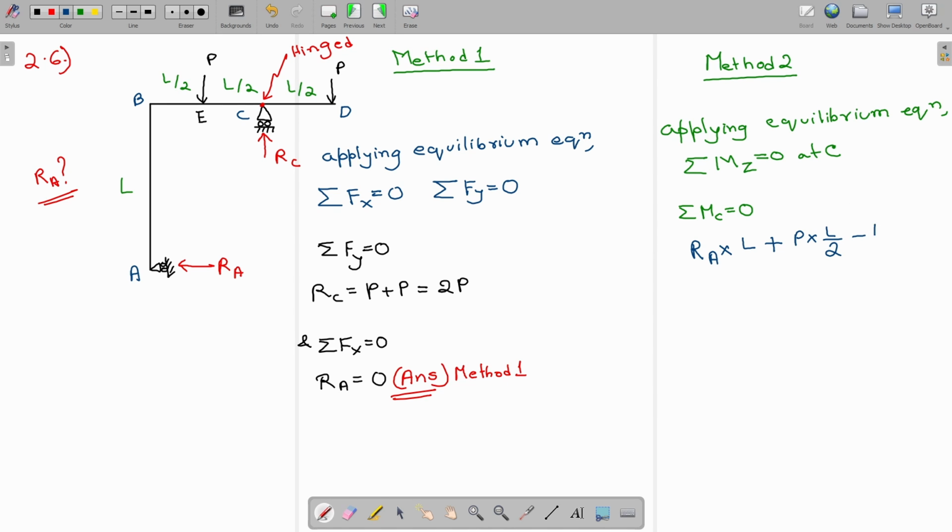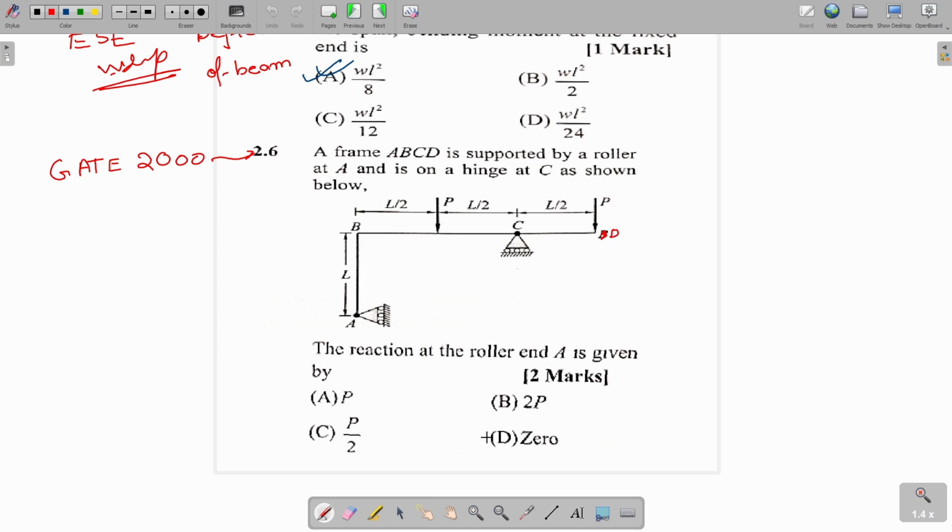So I'm going to write it as minus P into L by 2 is equal to 0. After solving, these cancel each other out. Therefore, RA is equal to 0. This is our answer. So our answer is option D, 0.